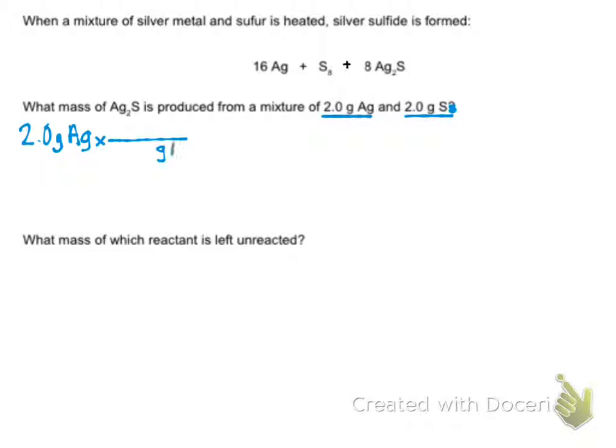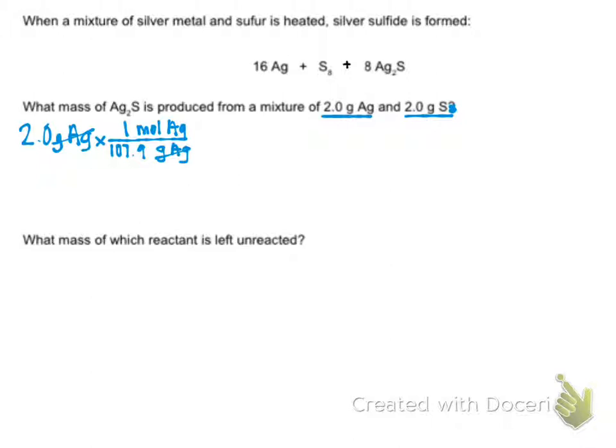So grams Ag on the bottom per 1 mole Ag. And silver has a mass of 107.9. So from there, your grams Ag will cancel out. You are in moles of Ag, and we want to figure out what the mass of Ag2S is going to be.